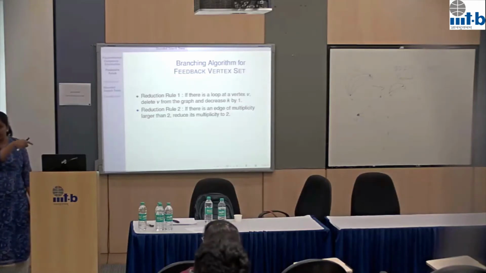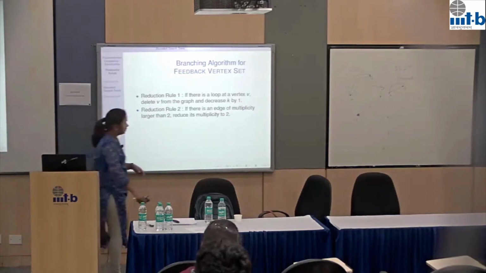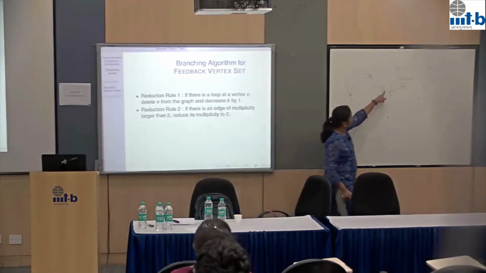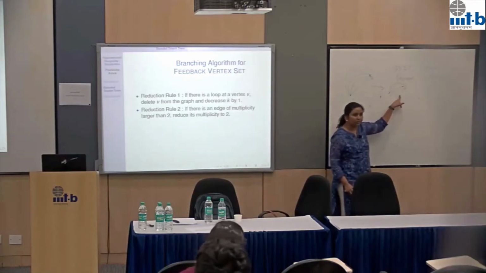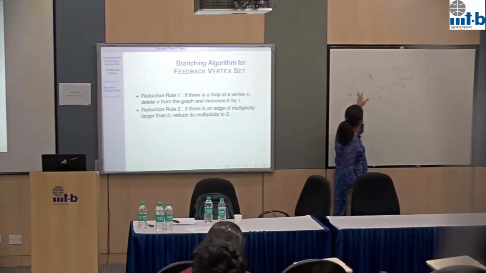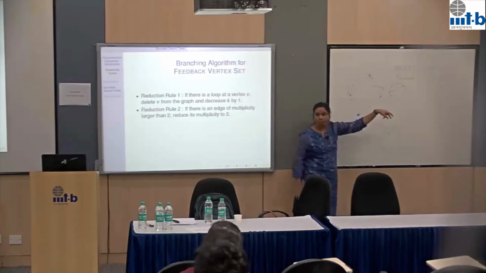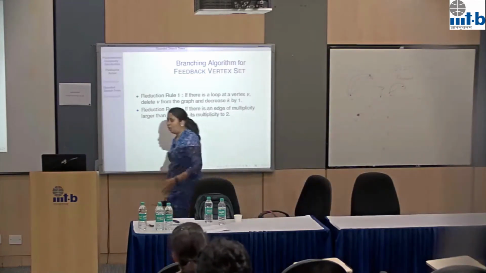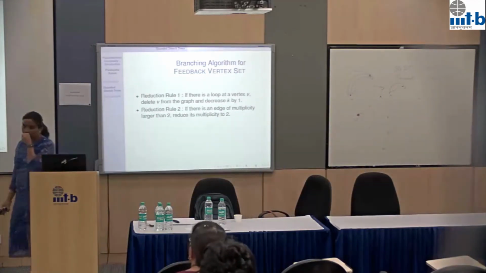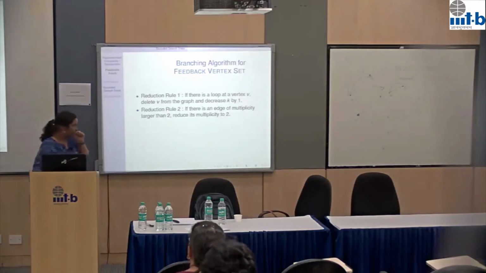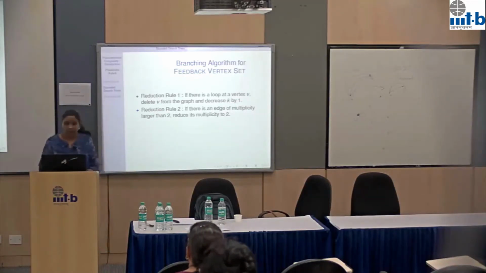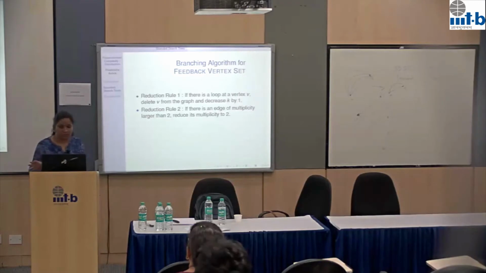They form a cycle, right? So this is a cycle itself that needs to be taken care of. If that is taken care of, all the other cycles like that are also taken care of, because all of them involve just U and V. So that's the second reduction rule: if there is an edge of multiplicity larger than 2, reduce its multiplicity to 2.